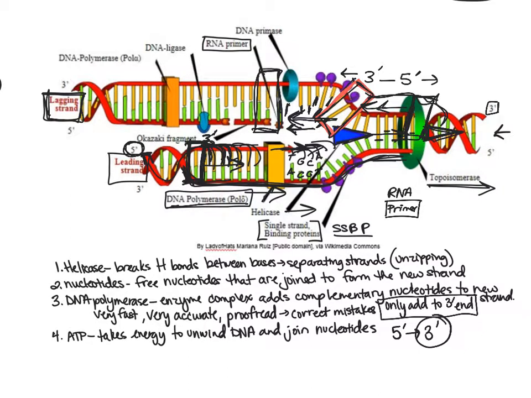So we have our RNA primer that is going to be attached to the DNA first. It's one big chunk, and you can actually see up here in the top, this little section here, our DNA primase is going to add the RNA primer. It's going to attach it, and then our DNA polymerase is going to be able to work on that RNA primer that has been added.